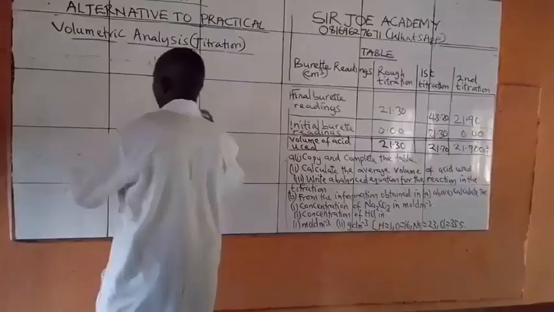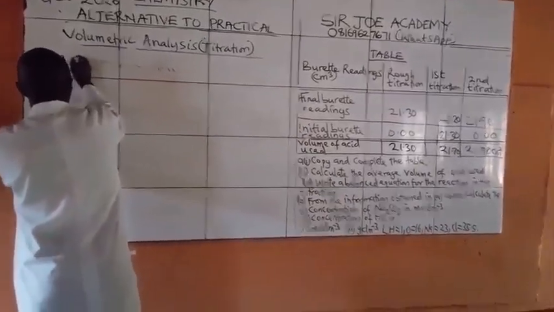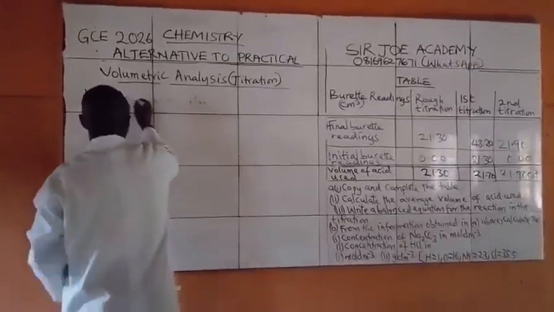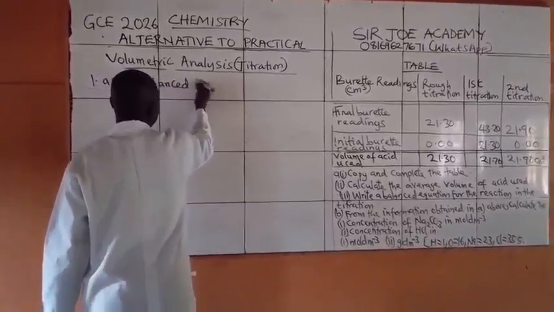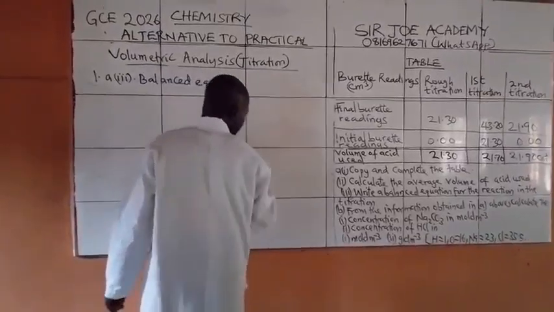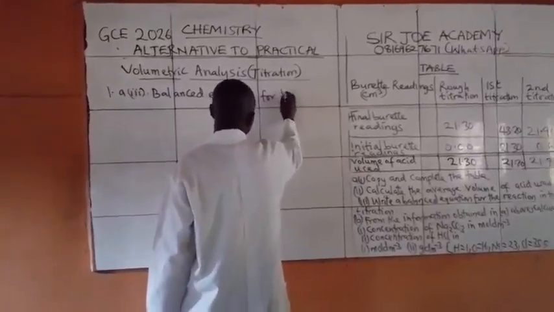Now, 1A Roman figure 3, balanced equation for the reaction.